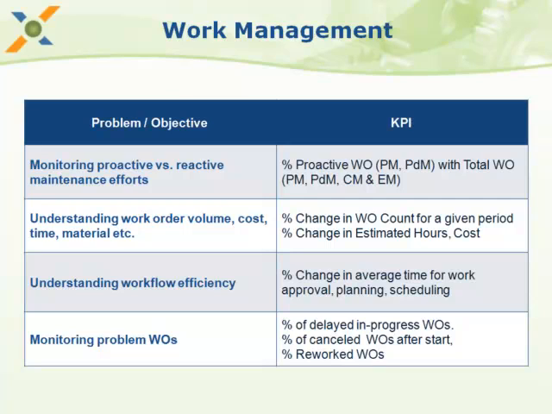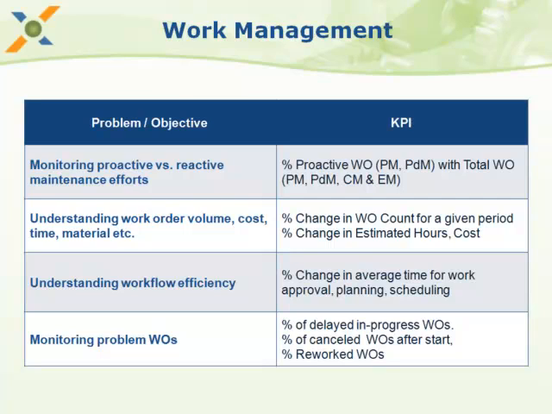This will allow us to work efficiently. If we have multiple steps that a work order goes through, we can identify bottlenecks in various stages of the life cycle of that work order.